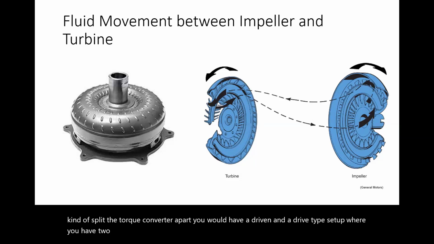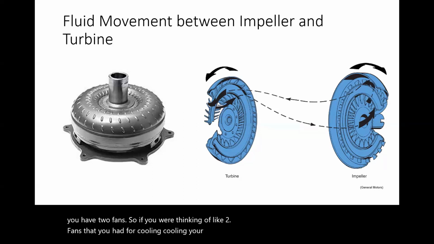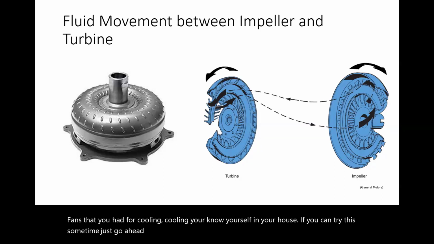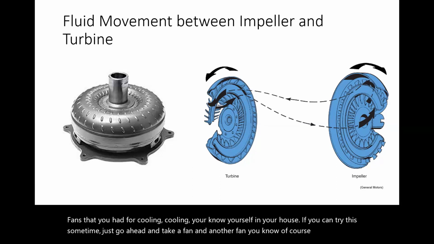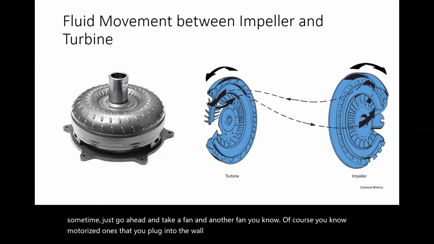So if you were thinking of two fans that you had for cooling yourself in your house, you can try this sometime. Just go ahead and take a fan and another fan. Of course, motorized ones that you plug into the wall, or you can take battery operated ones too.